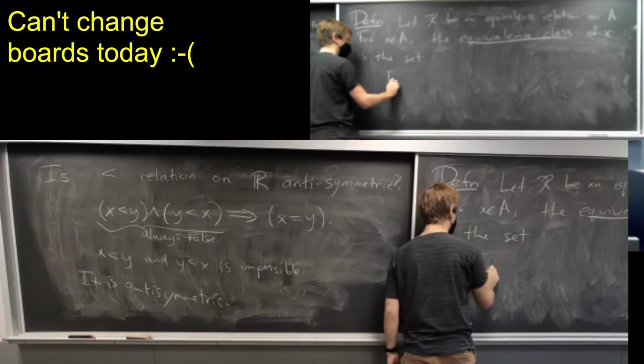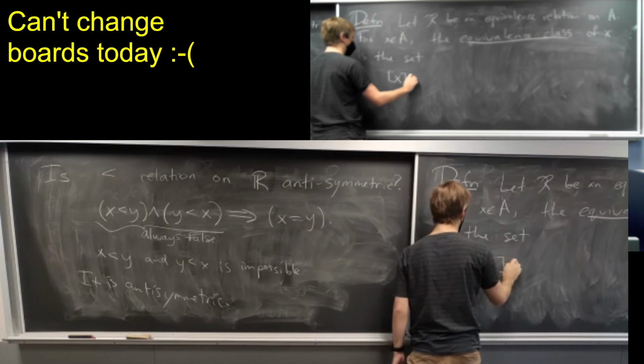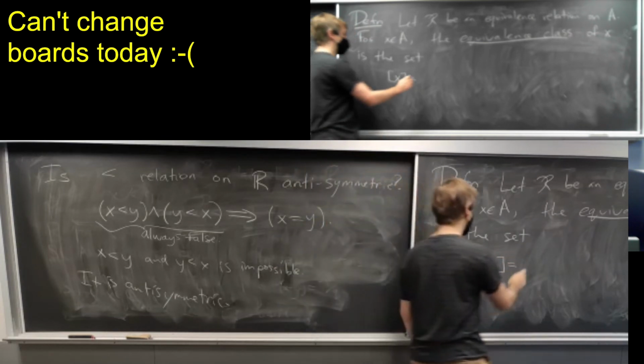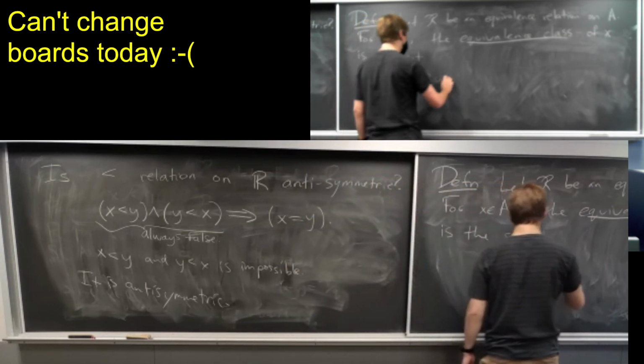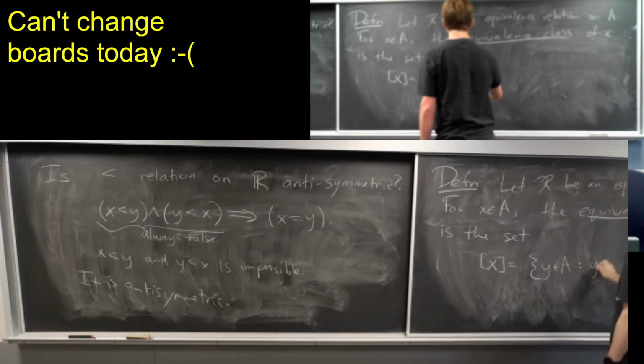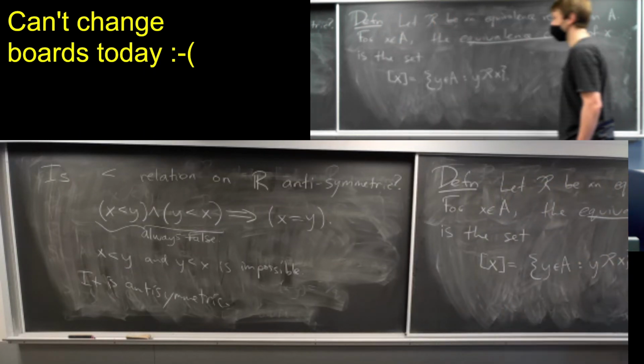The notation is square brackets x, and it's equal to the set of all y in A such that y is related to x.